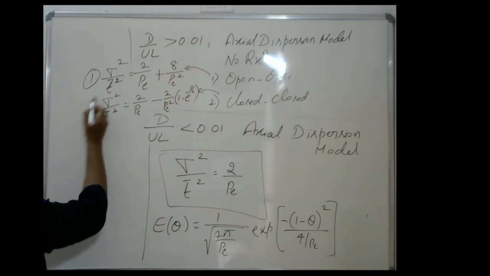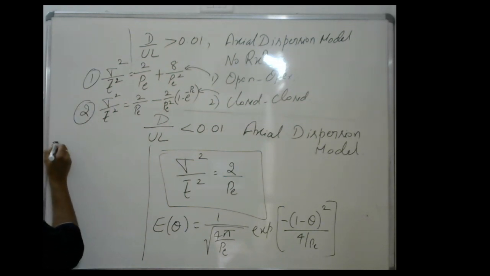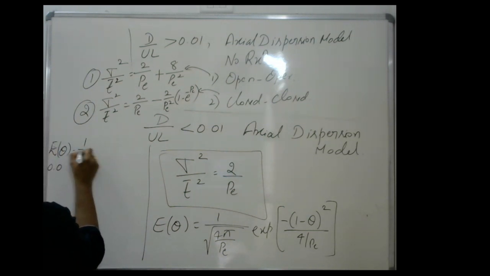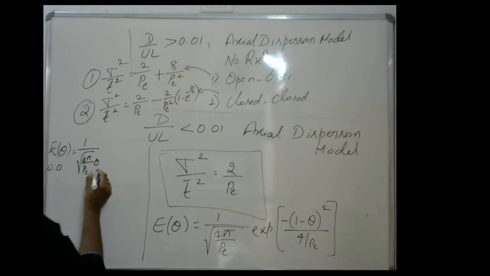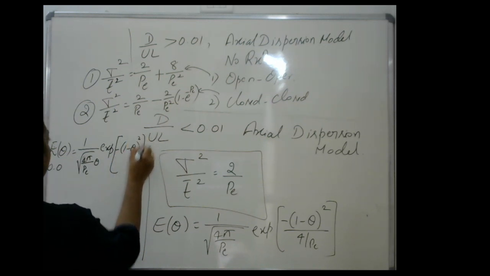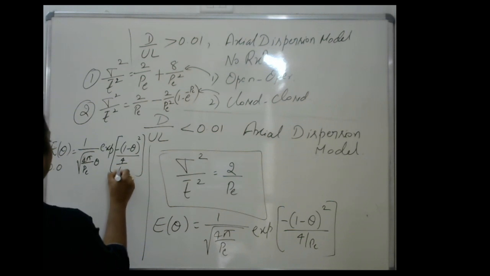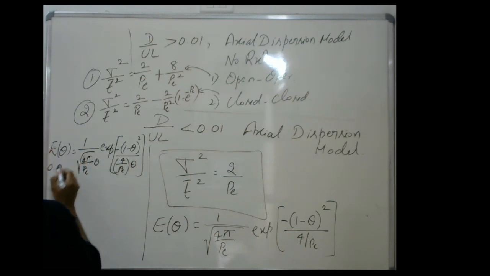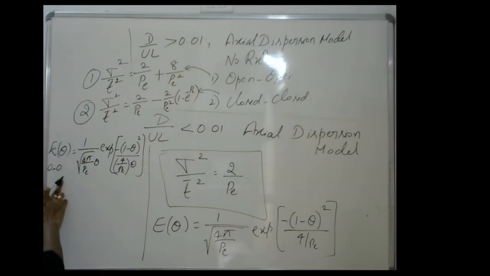So one open vessel, two closed vessel, and E theta for open vessel is 1 by root of 4 pi by PE into theta, exponential of minus (1 minus theta) square by 4 by PE into theta. So this is E theta for the open-open vessel.